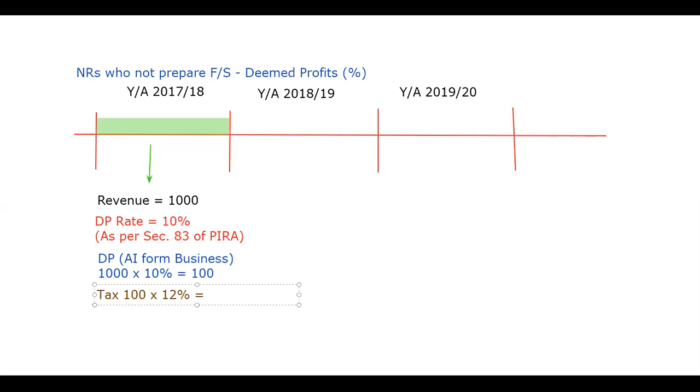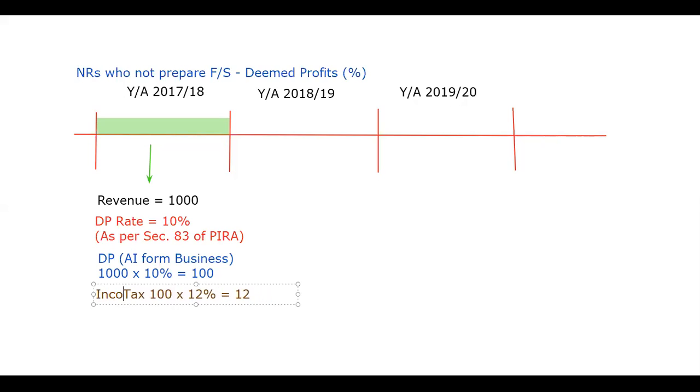Then they will pay 12 million to the IRD. And together with that, there is remittance tax; in the previous law they had remittance tax of 10%. Then remittance tax also they need to calculate accordingly. This is income tax.